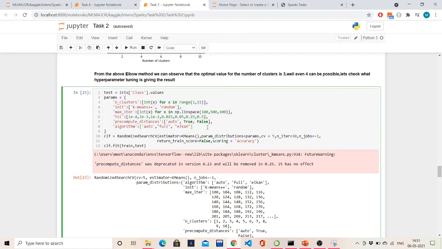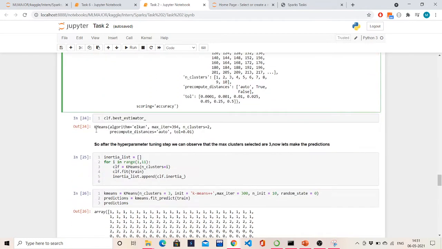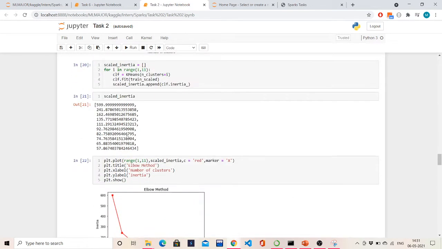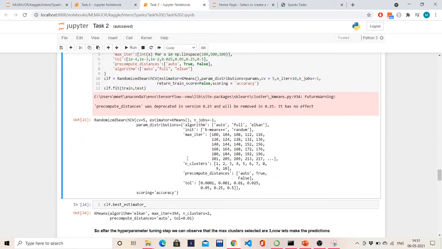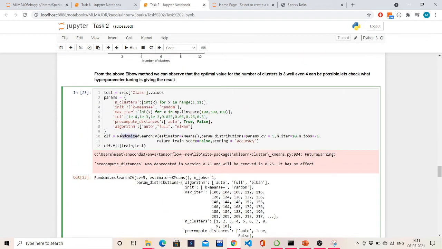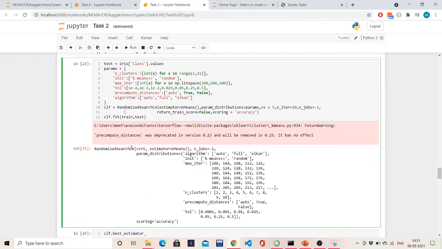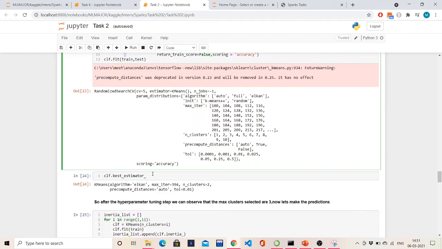After finding the hyperparameter tuning, we get the algorithm saying this. See, this is saying 2 clusters, whereas this is saying 3 clusters. Okay, so this is always random. This is not right, because I have used randomized search CV, right? I just wanted to see whether randomized search CV is also giving me 3 or not, but in this case it gave me 2.